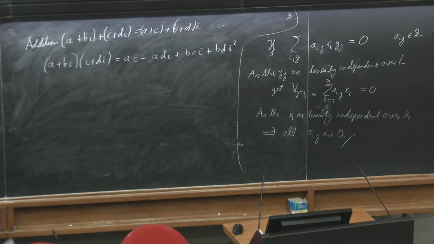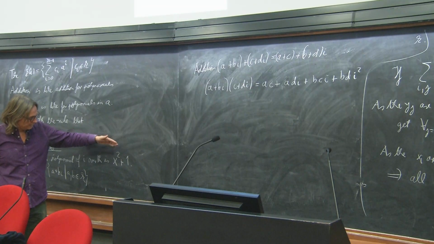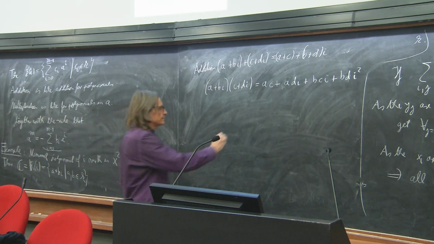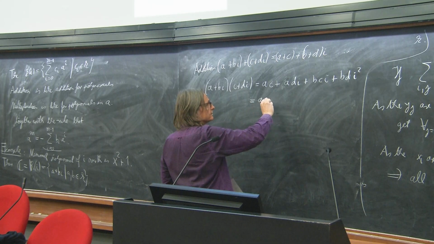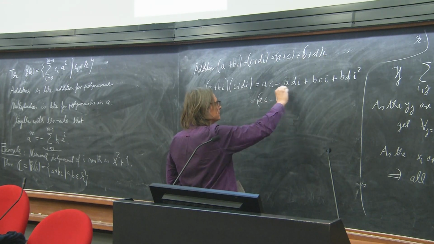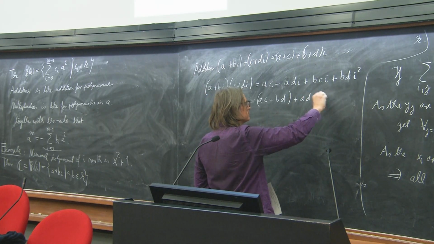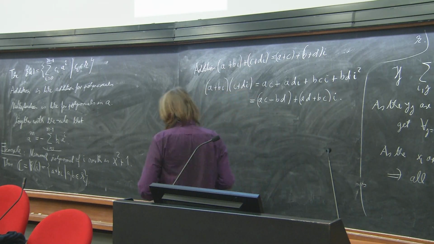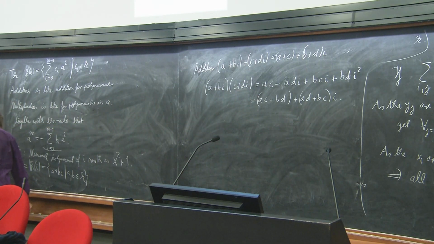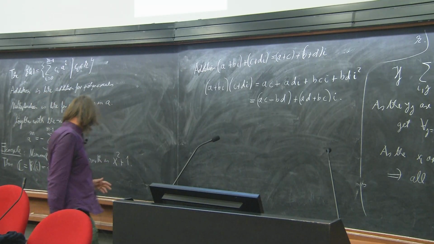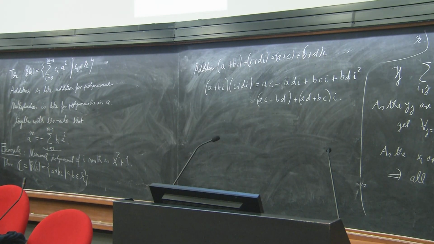And then remember, the minimal polynomial is x squared plus 1, so i squared is minus 1. And so this gives us the familiar rule: ac minus bd plus (ad plus bc) times i. So the rule that one learns in complex analysis for how you compute in the complex numbers comes from the fact that the minimal polynomial of i is x squared plus 1. Okay.